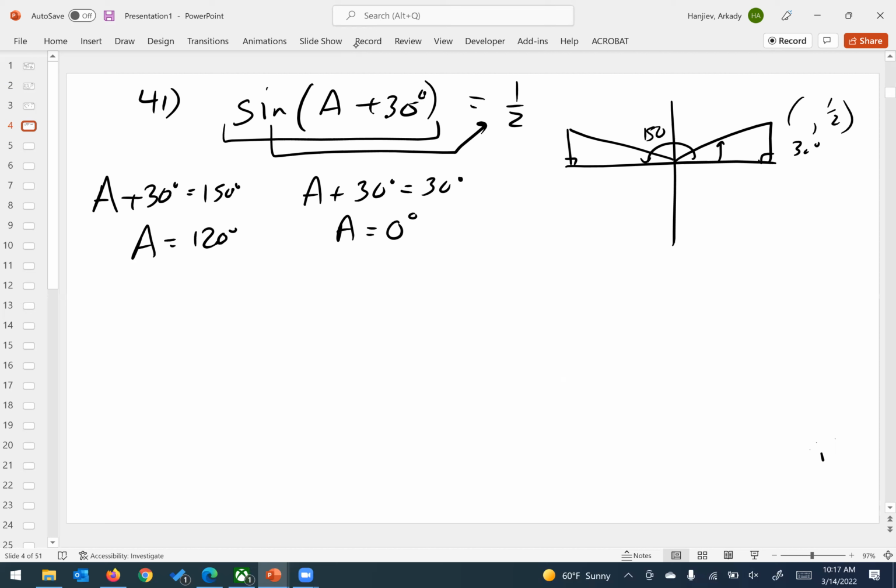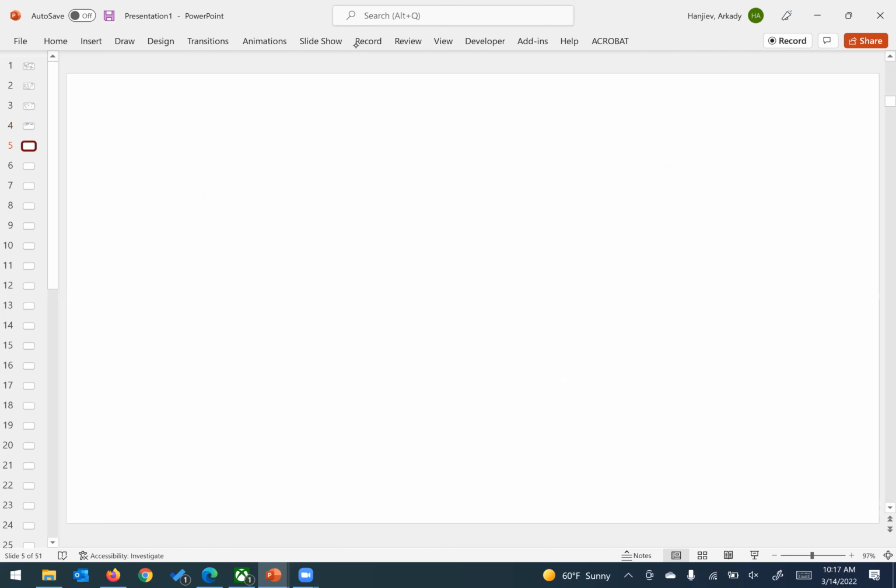Anybody else need number 45? Yep, absolutely. Okay, so same thing here, a rotational angle. Now this time we are adding pi over 12, which is technically 15 degrees. We're trying to figure out this right here. So do we have the trig function all by itself on one side?